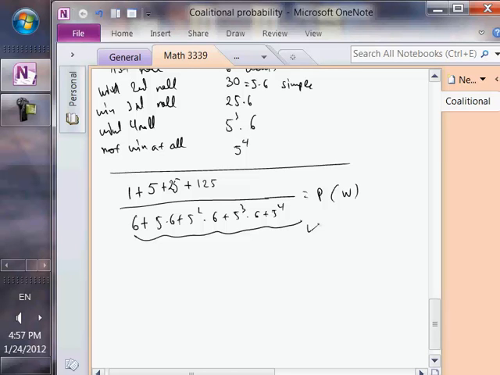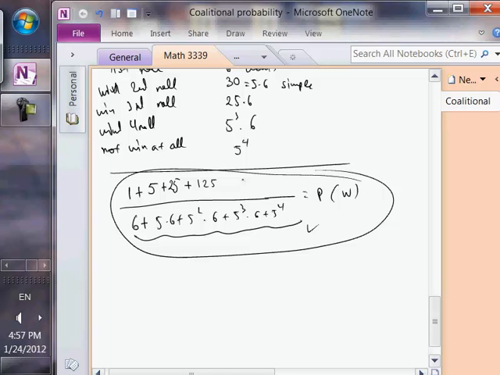Can you generalize this formula for the probability of W if we have n rolls? So generalize the formula for n rolls, and find the asymptotics.